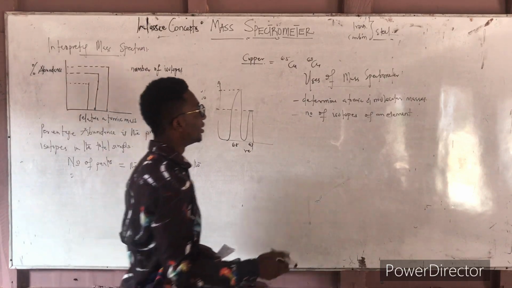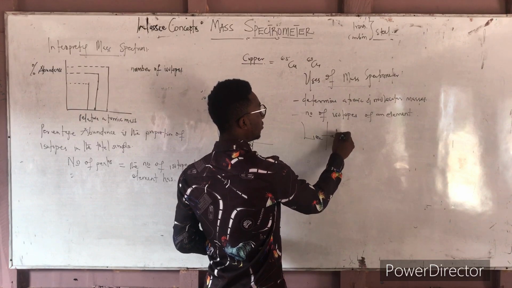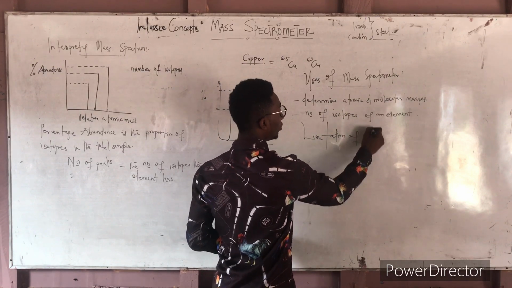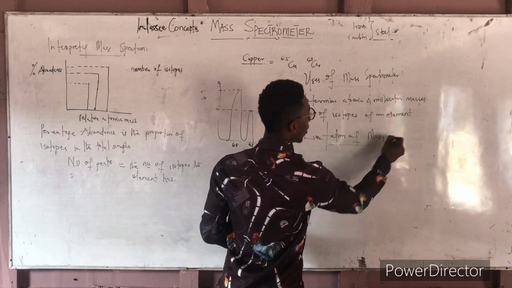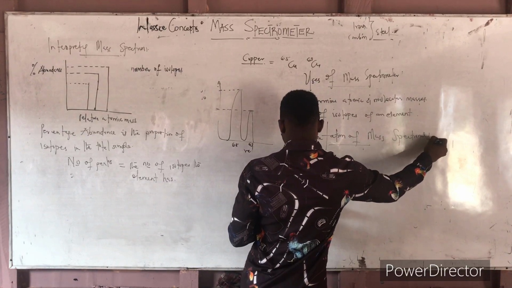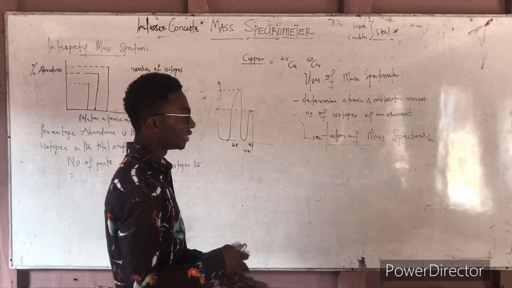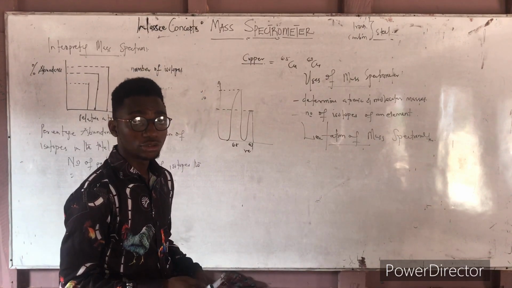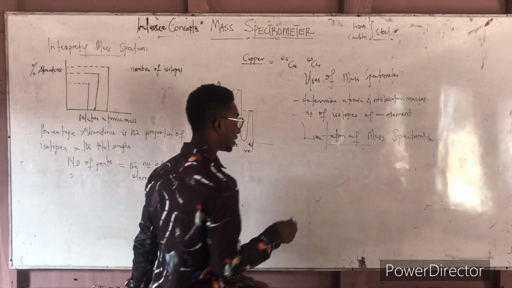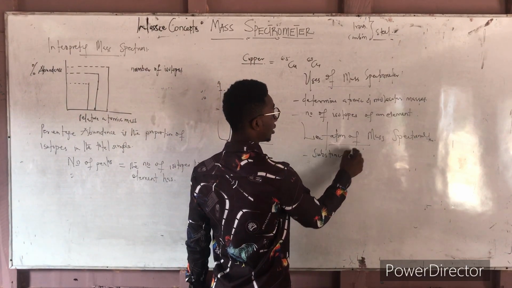Now, what also is the limitation of the mass spectrometer? Its limitation is that it cannot be used for substances with high boiling point. It cannot be used for substances with what?